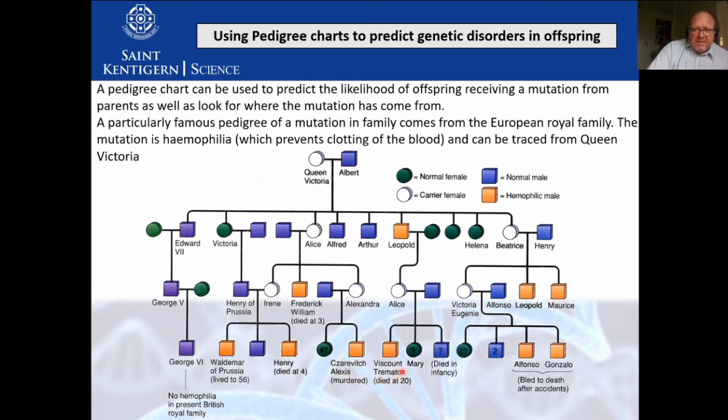Okay, so this is a Viscount. I think Viscounts are from France or Italy, I'm not sure. But you can see there, Leopold, Maurice. So because of her gene, it spread through a lot of the royal families in Europe.